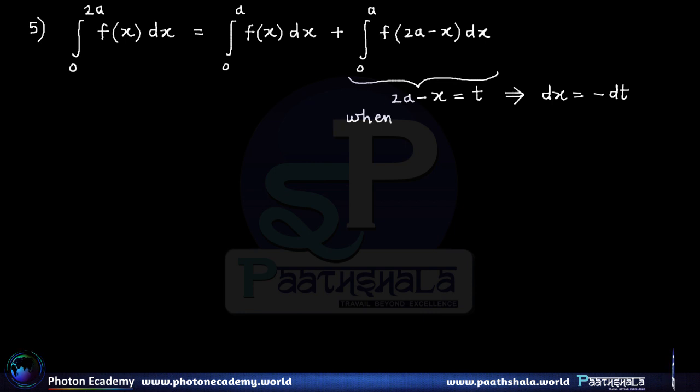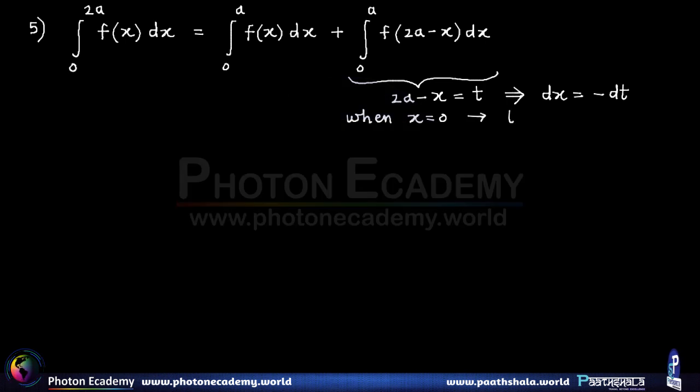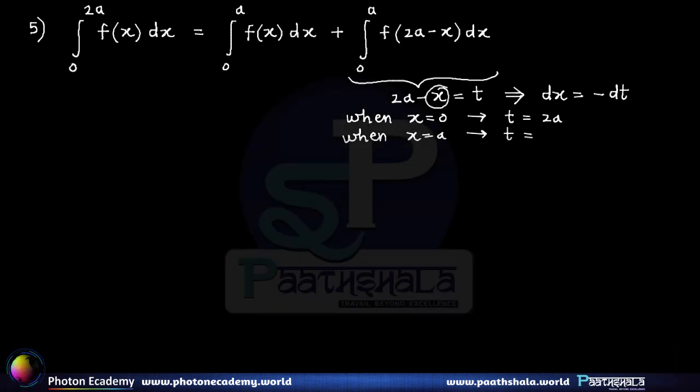Now when x is the lower limit, that is 0, here we have t is equal to 2a, because if you put x as 0 you will get t is equal to 2a. And when x is a, we have t is equal to 2a minus a, that is nothing but a, right?